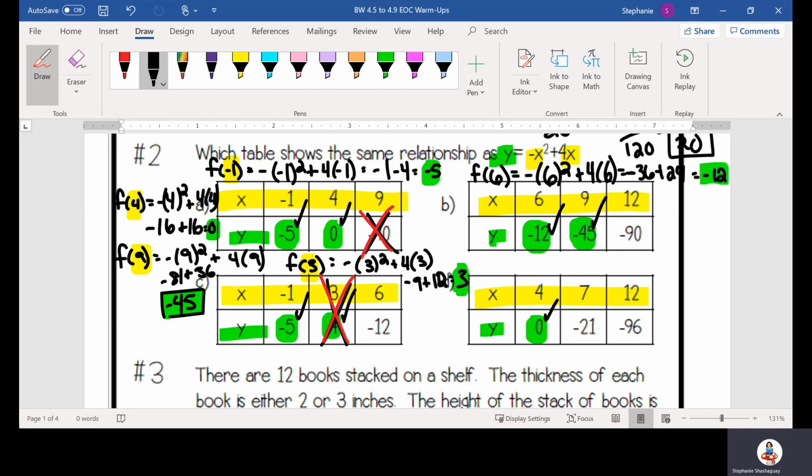So now I need to find f of 12. That's going to be equal to a negative 12 squared plus 4 times 12, which is going to be equal to a negative 144 plus 48, which is going to be equal to a negative 96.